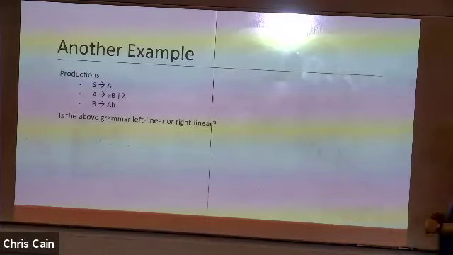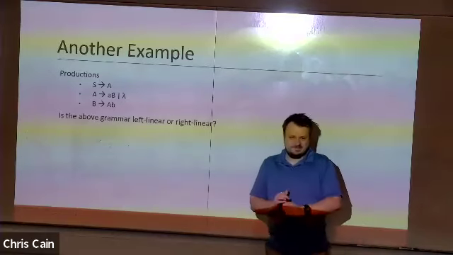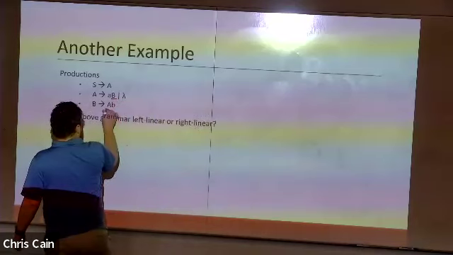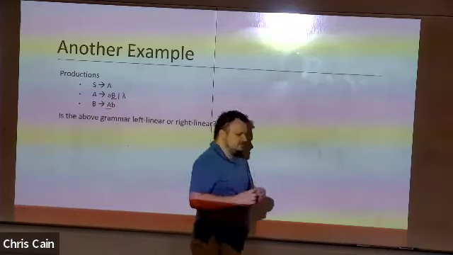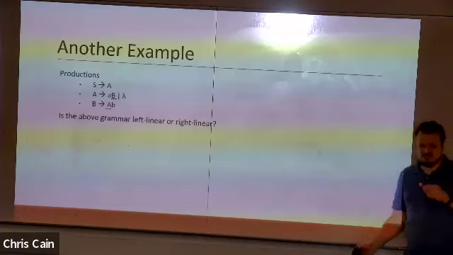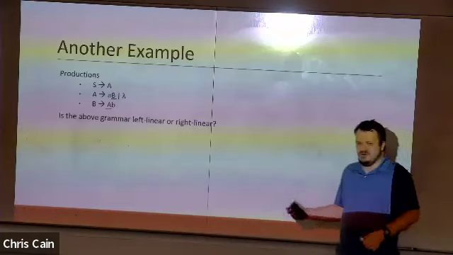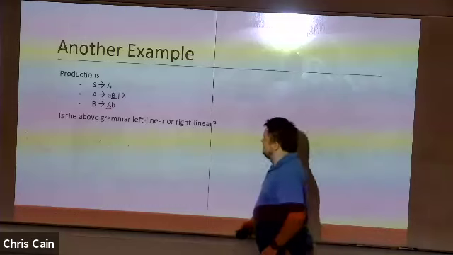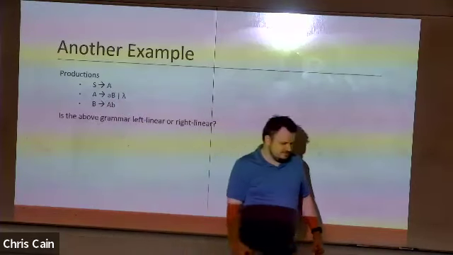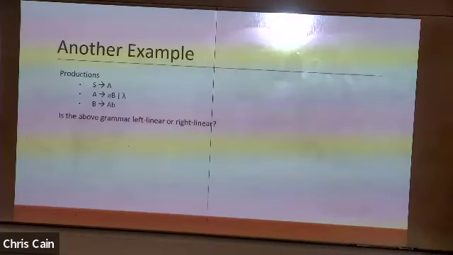Why? Because there's not. Yeah. Non-terminal over here on the right, non-terminal over here on the left. Once we define this grammar as left linear, all have to be left. This is not the case. Once we define it as right linear, all have to be on the right, which is not the case. So this is not a regular grammar. Even though this represents some language, that language does not need to be and probably is not regular.